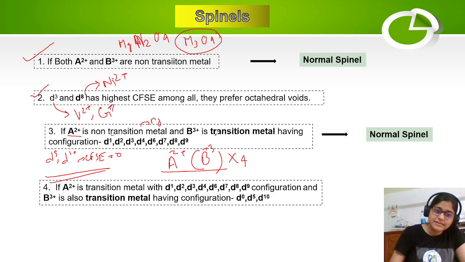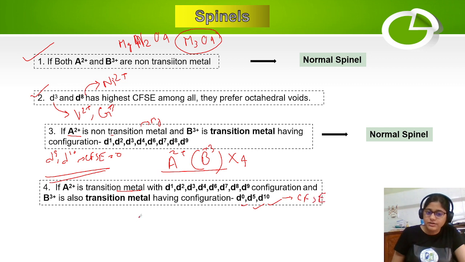The fourth case is if A2+ is a transition metal, the opposite of case 3. If A2+ is a transition metal and B3+ is also a transition metal having configuration d0, d5, d10, means CFSE 0 cases.